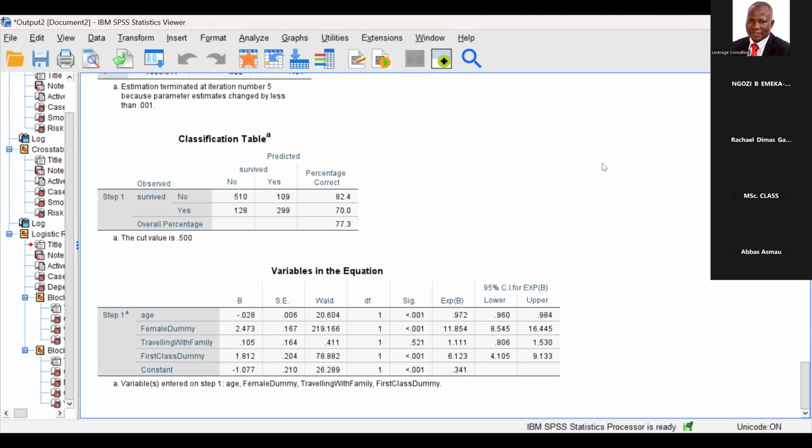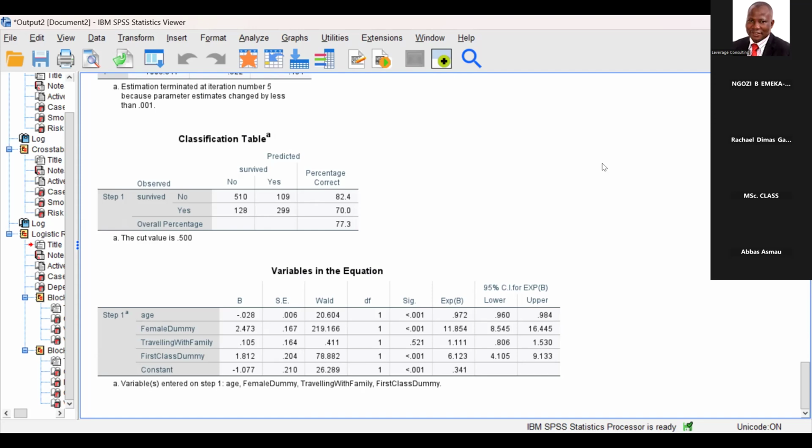So sometimes when we have analyzed the data, it may give us a clue on how to determine the coding. Apart from age, which we are just using naturally like that, if we decide to group age into older and younger people, we can make the older people the reference. Then our odds ratio will be greater than 1, because we are looking at how many times the younger people are more likely to survive.